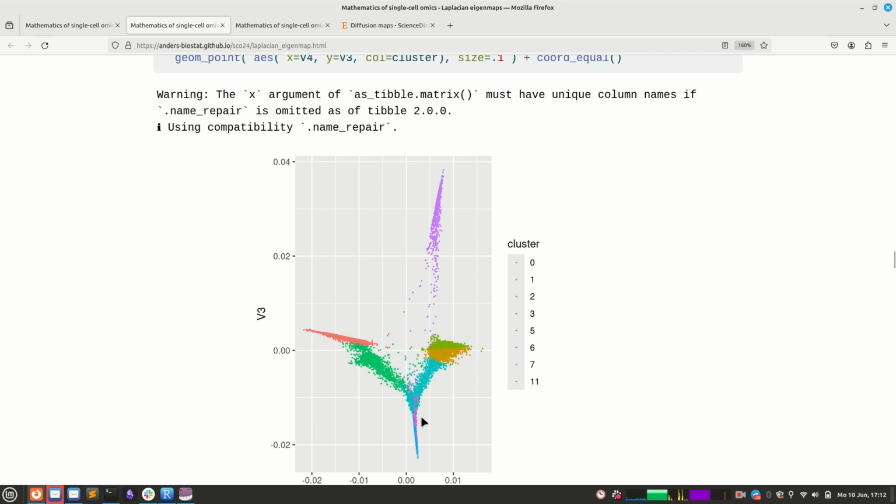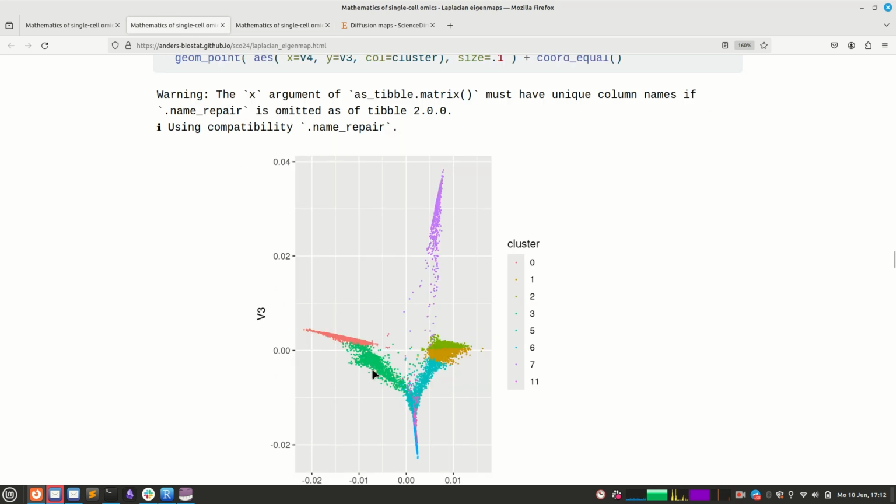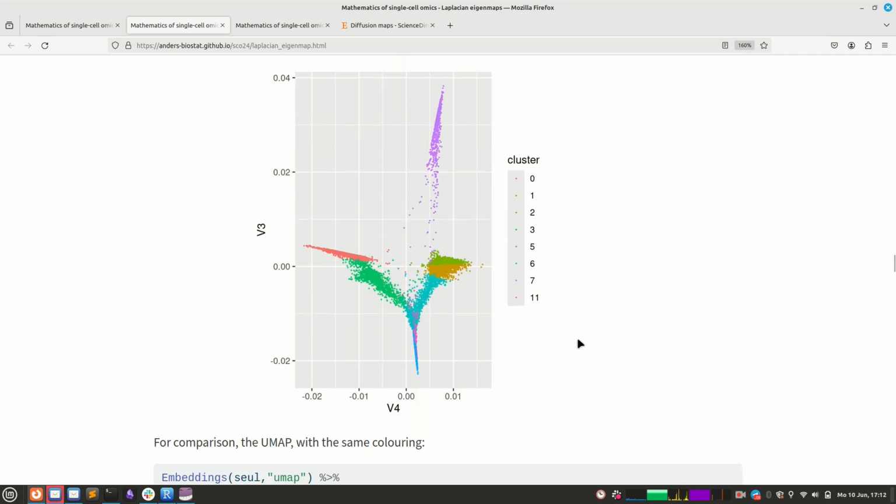Red, green, blue, brown, orange, and this time the purple one sits here. And this is called a Laplacian eigenmap because it's calculated out of the eigenspectrum of this Laplacian matrix of that one here. And it comes from a slightly different picture, but in the end, it gives us a very similar impression of this thing.